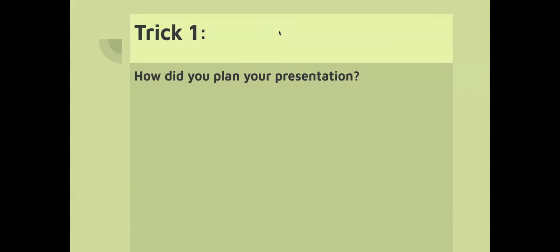Some students probably wrote a script, which means write everything you want to say, right? Some students probably wrote some notes. Some students maybe did a mind map.